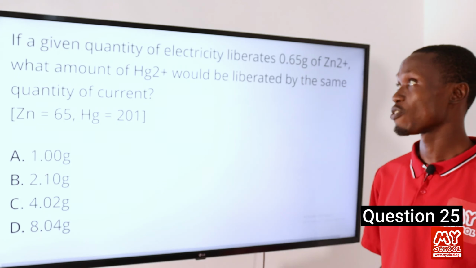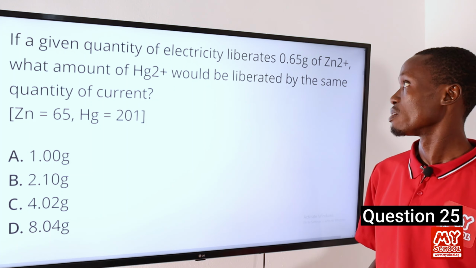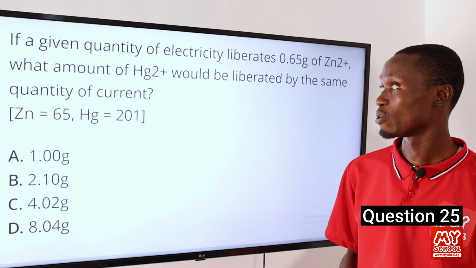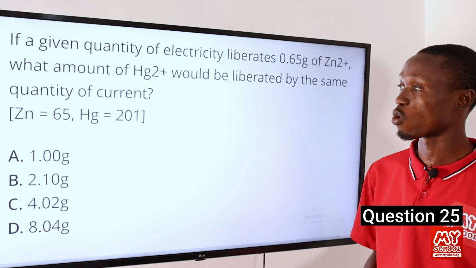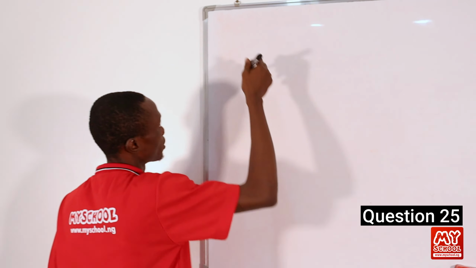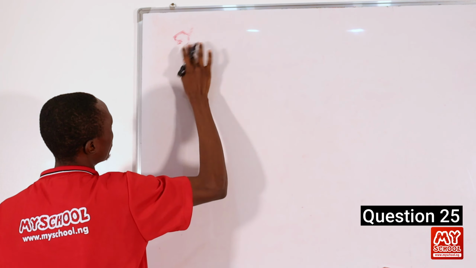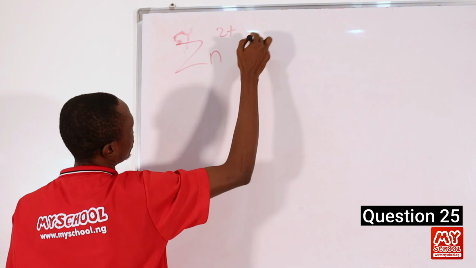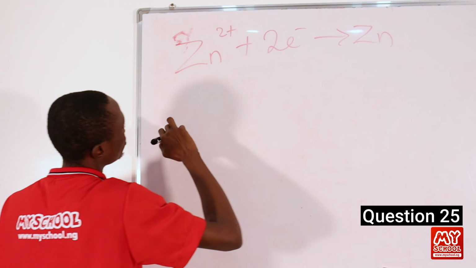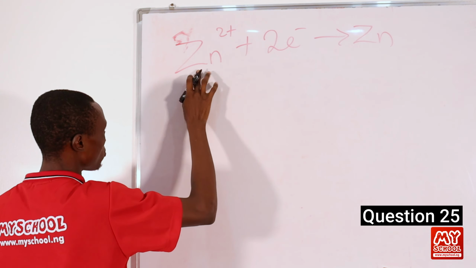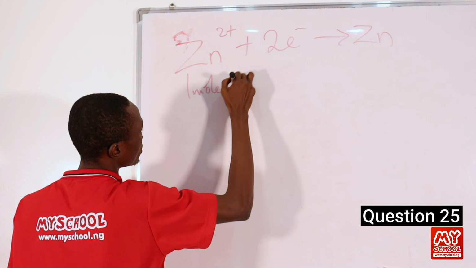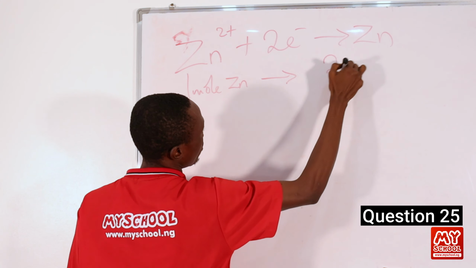Question 25. If a given quantity of electricity liberates 0.65 gram of zinc, what amount of mercury would be liberated by the same quantity of current? So let's move over to the board to solve that question. Zinc ion, Zn2+, plus 2 electrons, will give us zinc. From here we know that 1 mole of zinc will be liberated by 2 Faradays.